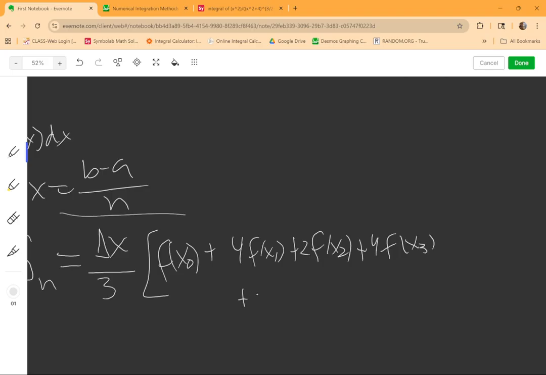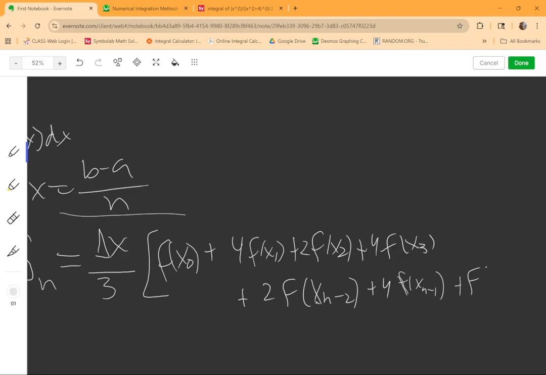etc. So the coefficients start at 1 and then alternate between 4 and 2: 4, 2, 4, and then lastly ending on 4 times f of x sub n minus 1.